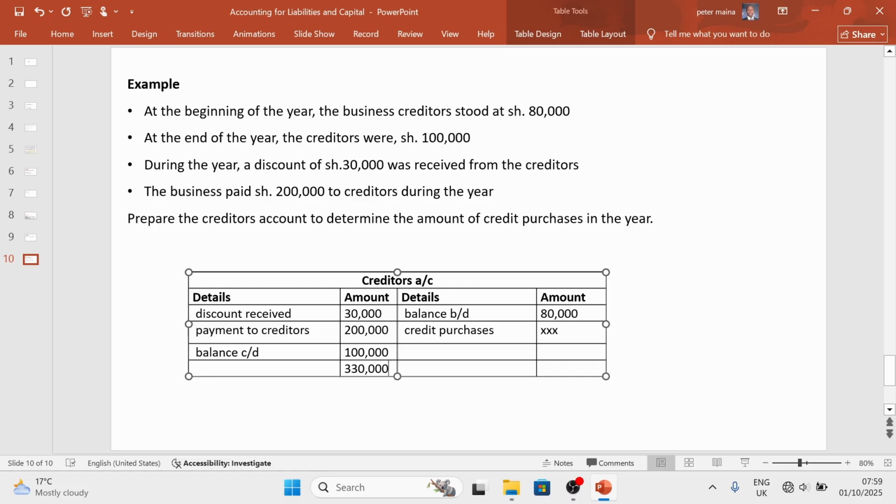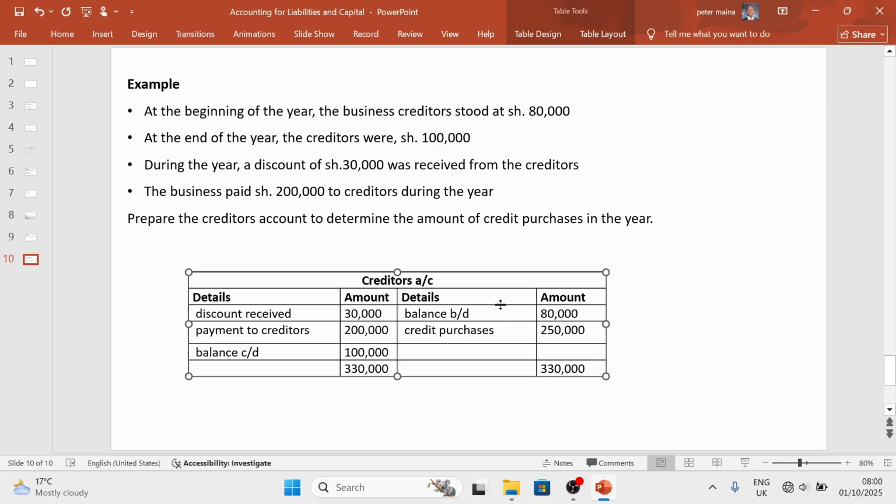On the other side, we are supposed to have the same total, 330,000, which means the balancing figure is going to be credit purchases, and it is going to be 330,000 minus 80,000. So that is going to give us 250,000. So that is how you prepare the creditors account.